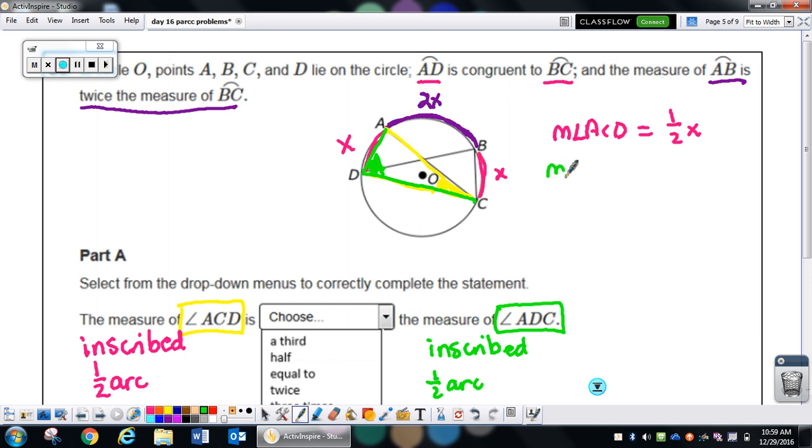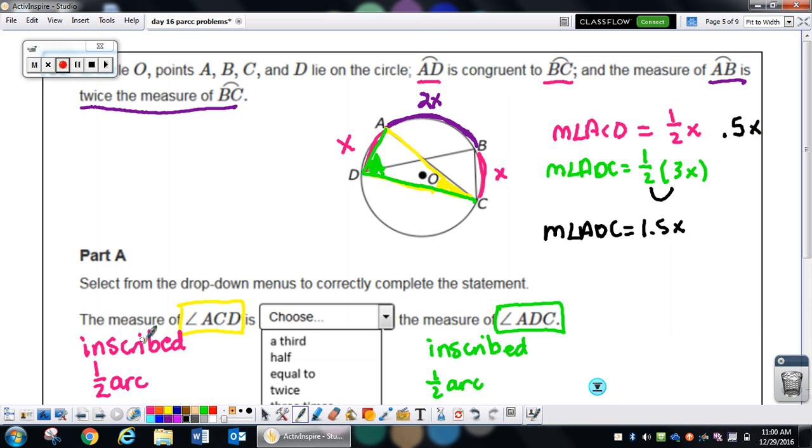So now we know the measure of angle ADC is 1/2 of 3x. Okay, so if you distribute this, we know that 1/2 times 3 is 3/2, or you could write it as 1.5x. So basically the measure of angle ADC is 1.5x, and then this guy up here is 0.5x.